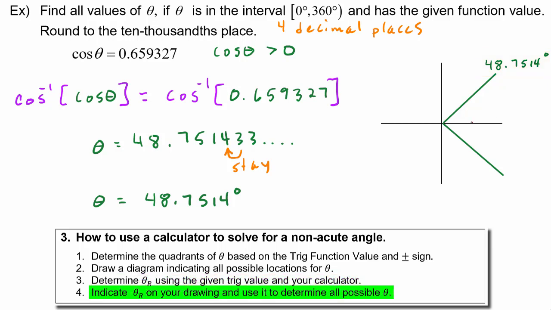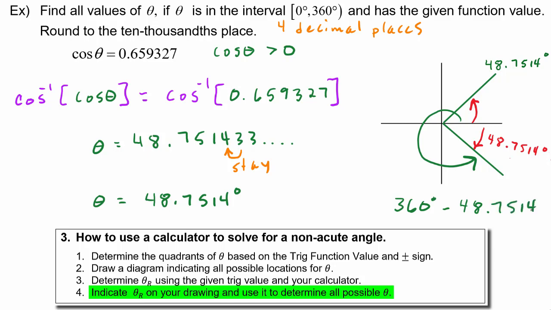Now we know that gives us this reference angle here, which means this reference angle would have to be the same. So to determine our answer, which is this angle, we have to do 360 degrees minus 48.7514.